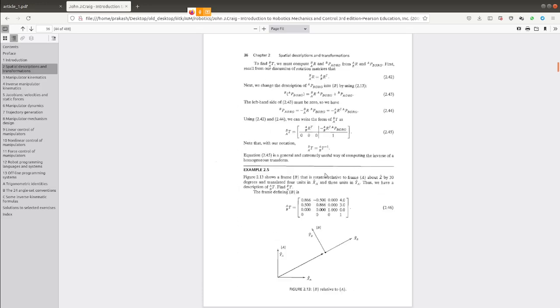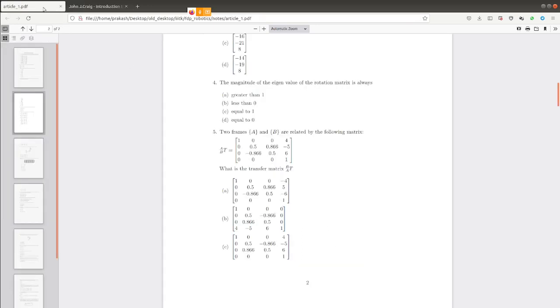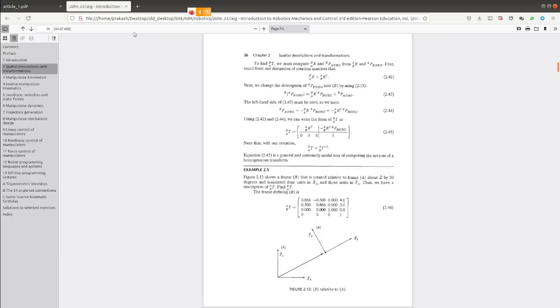Let me check. Yes, equation number 2.45. If we use equation 2.45, we can calculate TBA.